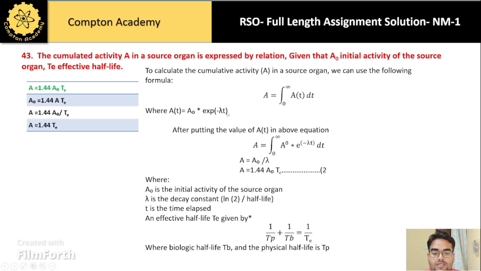Lambda is the decay constant, and t is the time interval after which it has to be calculated. For the accumulated activity, we use the time interval from 0 to infinity, and by integrating this equation from 0 to infinity, we get A = A naught upon lambda, and lambda can be written as 0.693 upon T half. T half here is the effective half-life, so A would be the correct option for this.